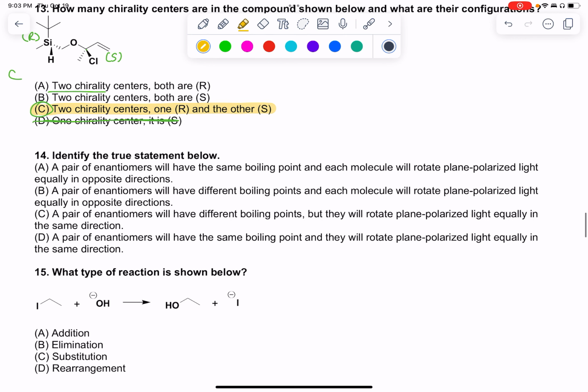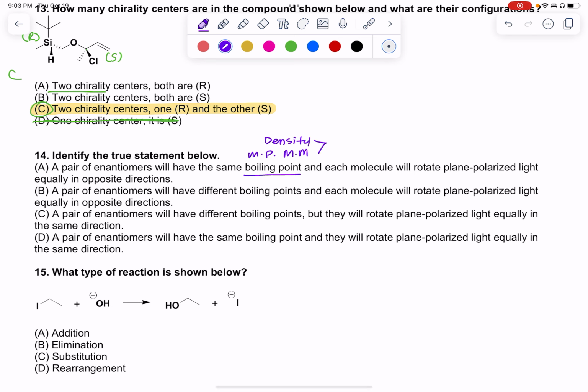All right. Identify the true statement below. A pair of enantiomers will have the same boiling point, and each molecule will rotate plane polarized light equally in opposite directions. That's correct. Remember that enantiomers, I said this earlier, have very similar properties. They're going to have the same boiling point, the same melting point, the same molar mass, the same density.